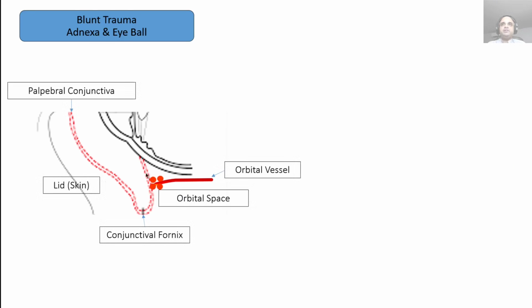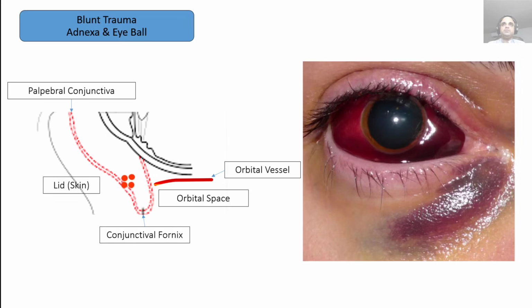So any hemorrhage occurring in the orbital space can seep through into the conjunctiva, and this is how you would see this hemorrhage. The reason you don't see a posterior limit is because blood is coming from a posterior source. So there is no posterior clearing, because that's where the blood is oozing into the conjunctiva.